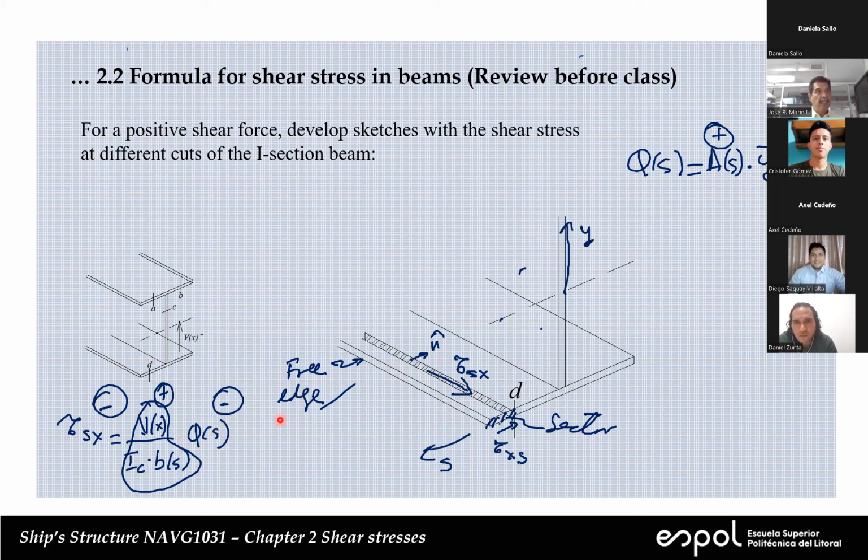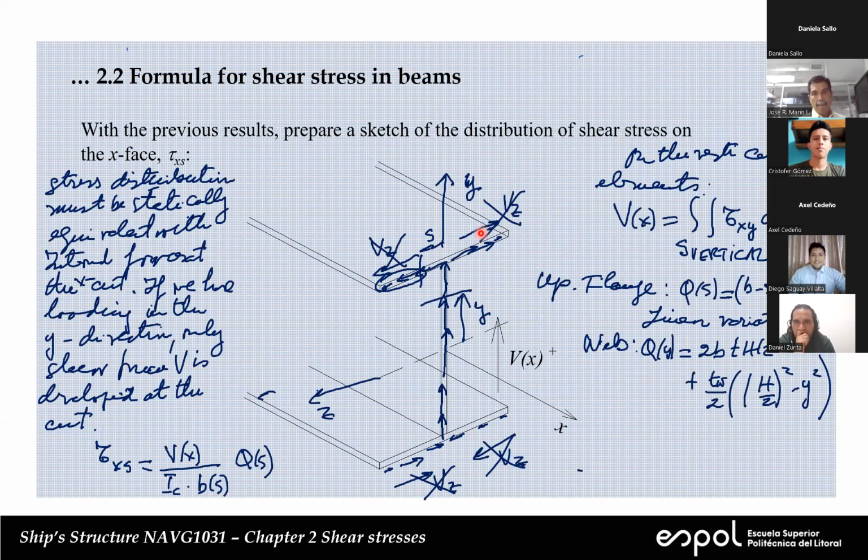But because of this negative, we have to point it like this. You see that it points in that direction, XS. So this is much, much easier, instead of integrating all of this, all of that, and the upper flange. So that's what we did on Tuesday. Let's go on. This is the summary.